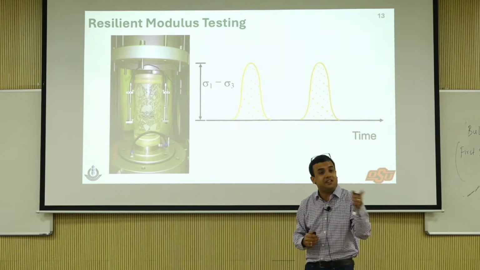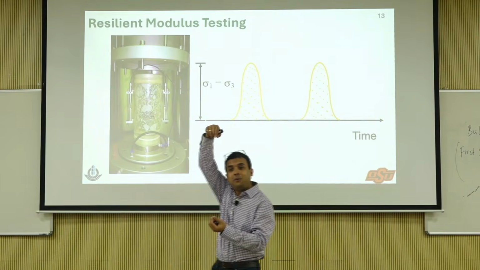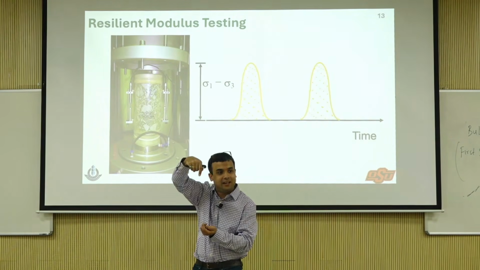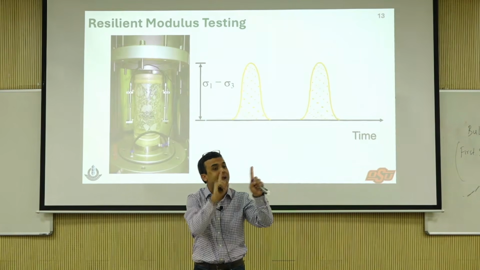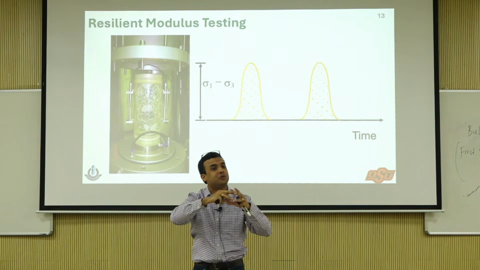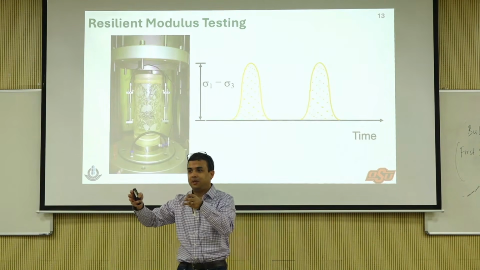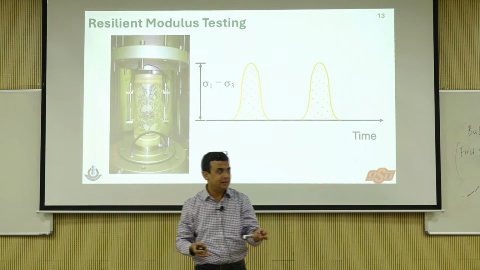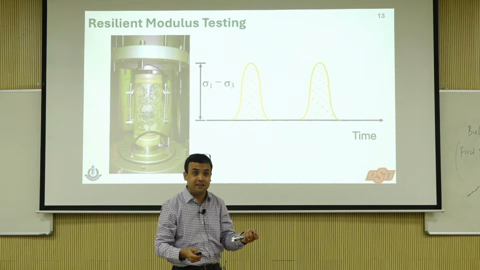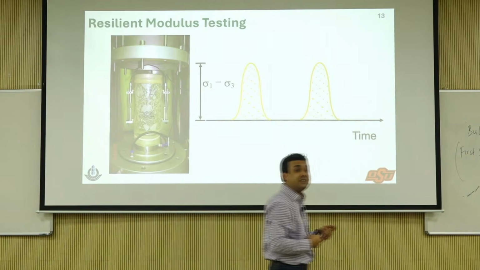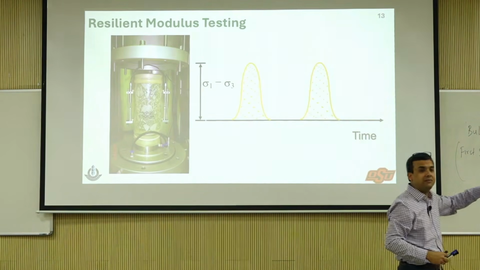That is the reason yesterday when you did the data analysis, we were talking about the actuator LVDT, and the axial LVDT 1, 2, 3 and radial LVDT data were all 0. Because we didn't mount them, because they would break. If you do a resilient modulus test, we are now talking about strain levels that are significantly lower than the failure strains.